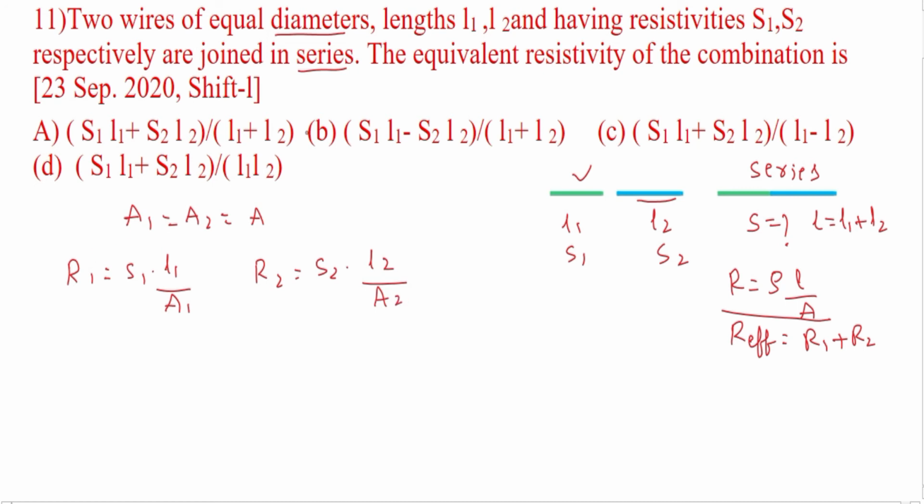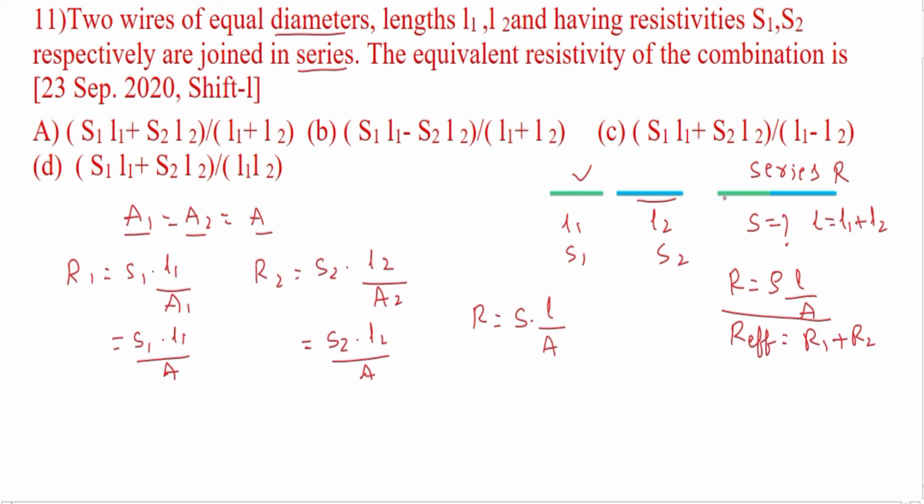Now we know the diameters are equal, that is, A1 is equal to A2 is equal to A. That means these formulas become S1 into L1 by A, and similarly S2 into L2 by A. Now let me take the resistance of the combination as R. The formula for R will be R is equal to S, which is the total resistivity, into L1 plus L2, which I'll take as L, by A, the area of cross section.